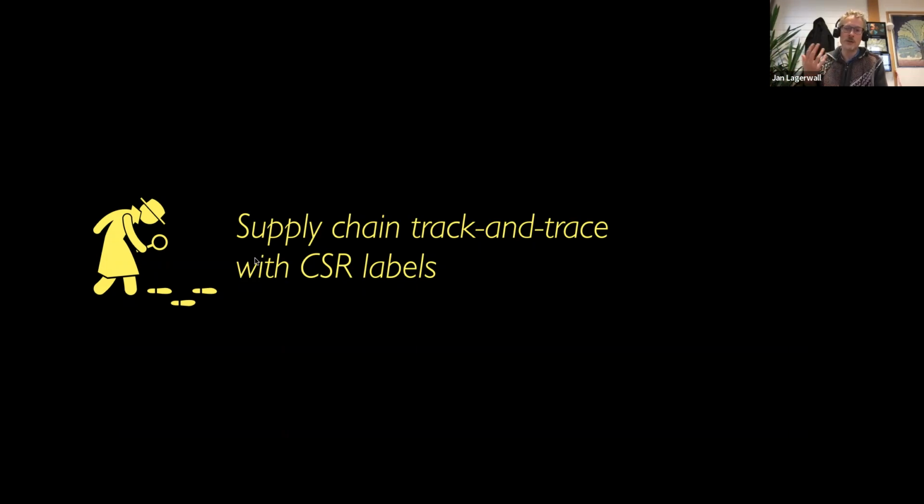And therefore, there is a lot of work in being able to label a certain item so you can track it through the supply chain. So you know where it is and where it has been, and you know that it's this item. This is usually done with barcodes or QR codes. The problem is that it's as easy to produce a fake barcode or QR code as it is to produce the original one. It's very easy to reproduce them.